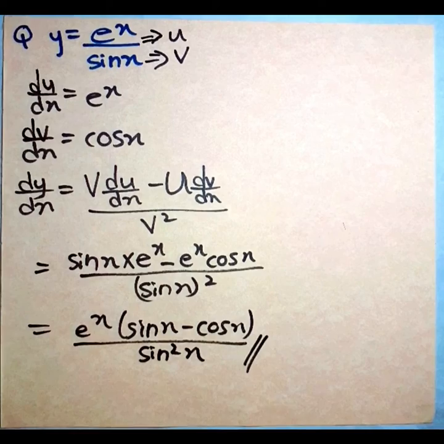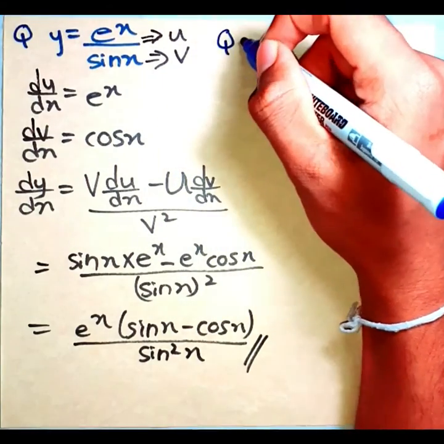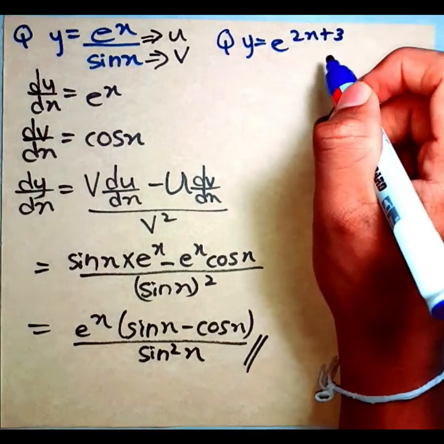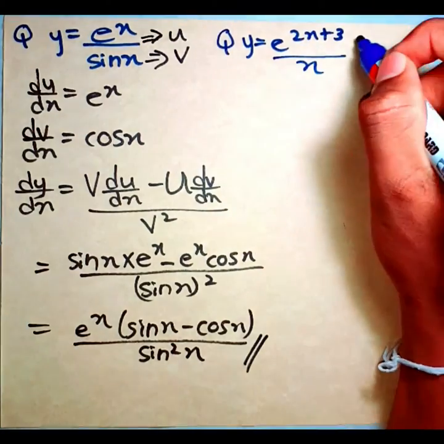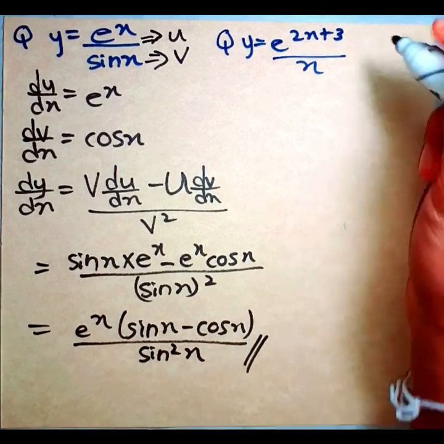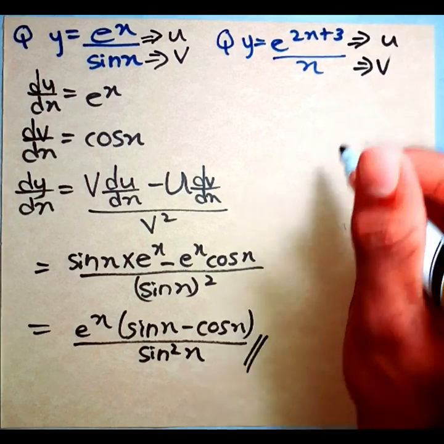Now we'll look at a bit more challenging question. That question is y equals e to the power 2x plus 3 divided by x. The first steps are the same as usual. Now we're going to label them. This is going to be u and this is going to be v.